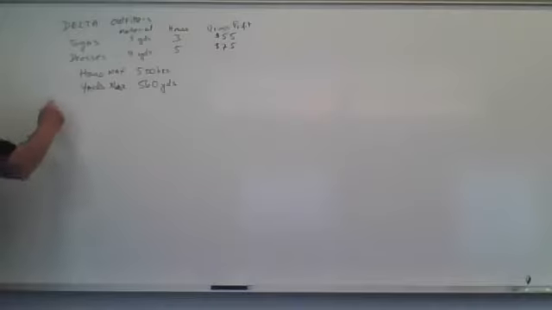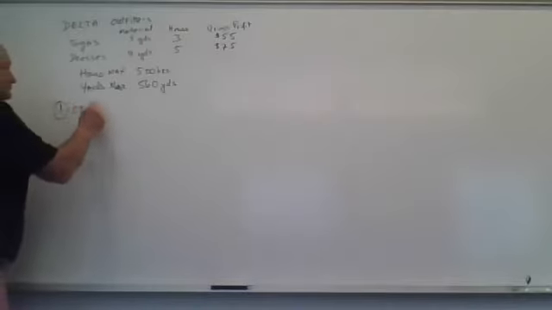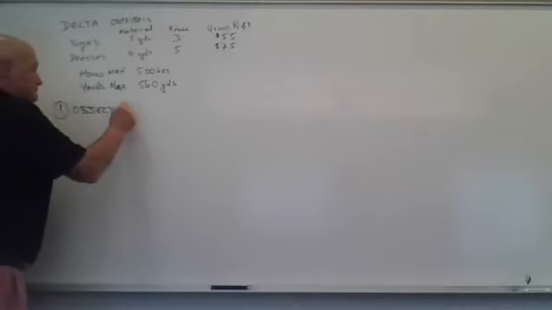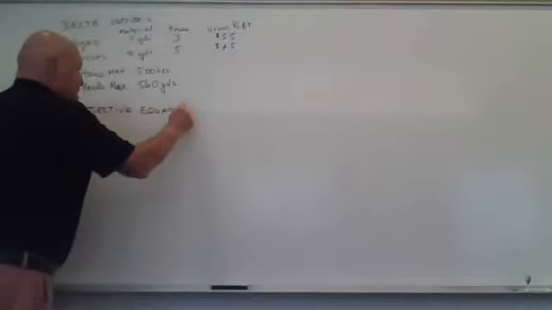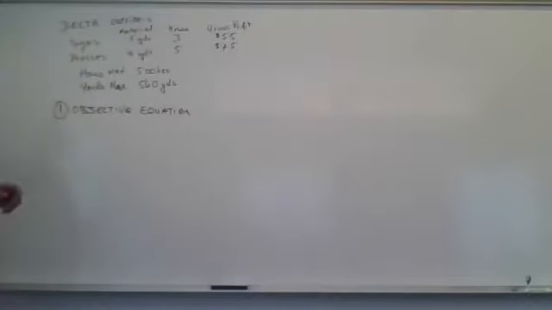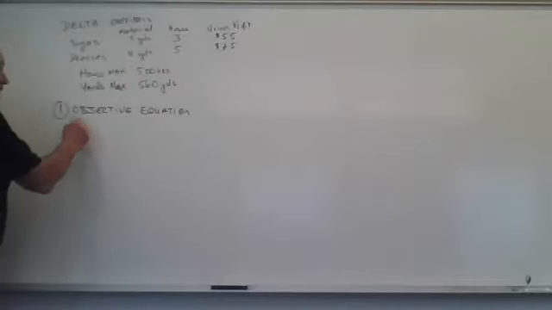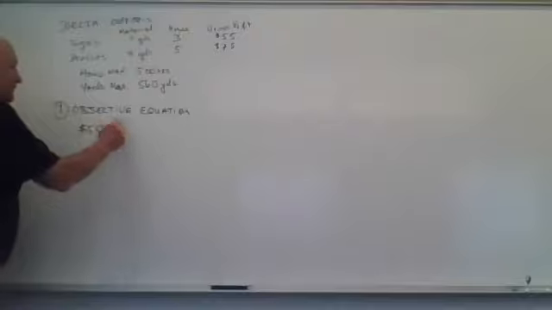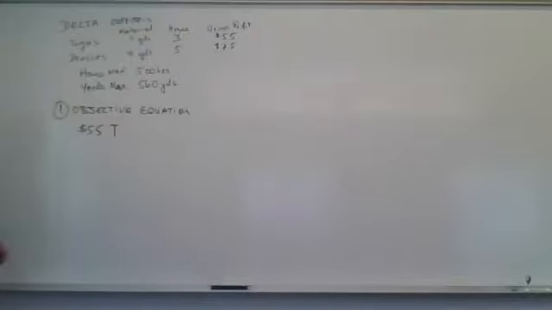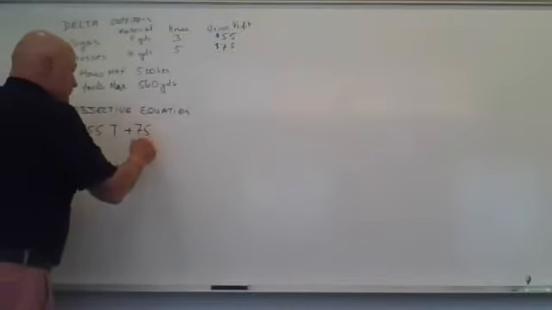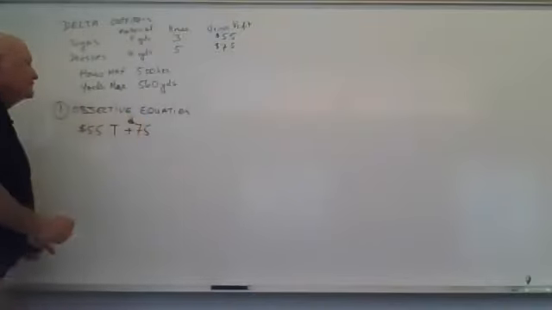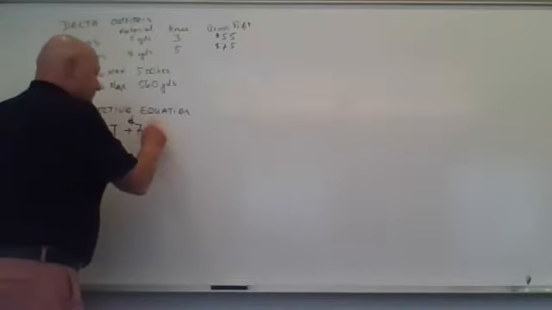The first step is the objective equation. And the objective equation involves profit. So we're going to, at $55 each, get some number of togas. We don't know what that is yet. And we're going to add to that, at $75 each, some number of dresses.